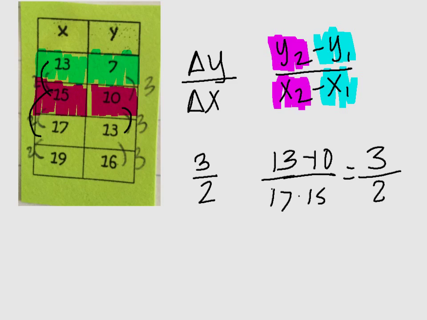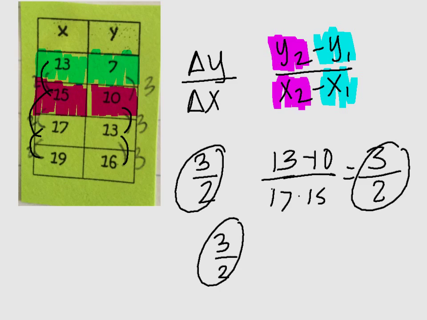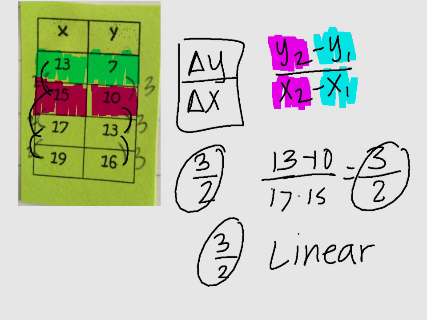So far, so good. Next, 16 minus 13 is 3. And 19 minus 17 is 2. So, since they're all the same, it is linear. That should be glued on the linear side. Okay, so we're checking delta y, delta x on all of them.